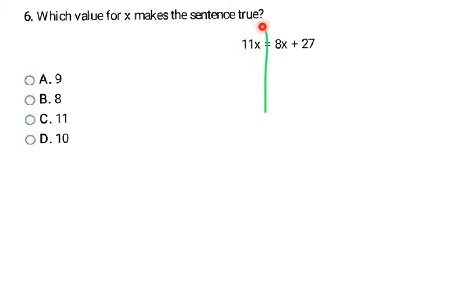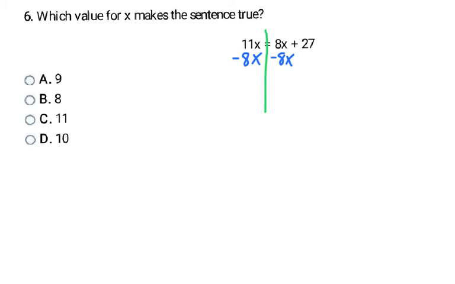Now, I could move this 11x over to be with the 8x, but because the 11x is the only term over here, when I move it over, we're not going to have anything on this side. So since the 11x is lonely, I'm going to bring the 8x over to join it. And to do that, to keep these equations balanced, since that 8x is switching sides, I'm going to have to do the opposite.